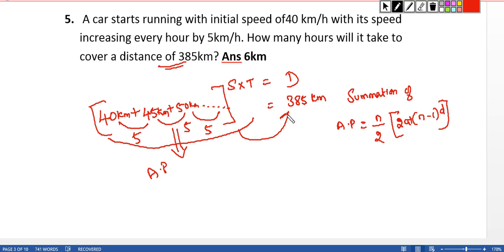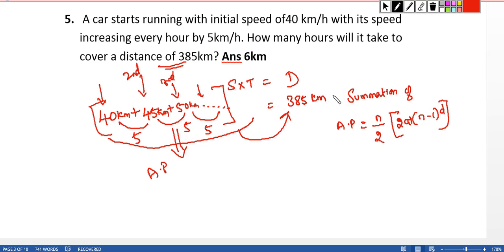But the thing is, how many terms are there, how many hours are there? This you travel in the first hour, this in the second hour, this in the third hour, and so on. So how many hours is it going to take us to cover this particular distance? That's the key thing.